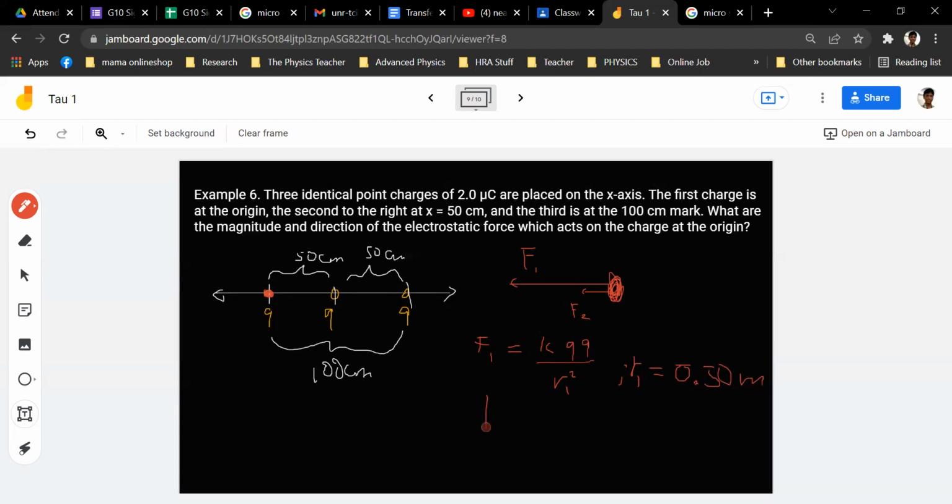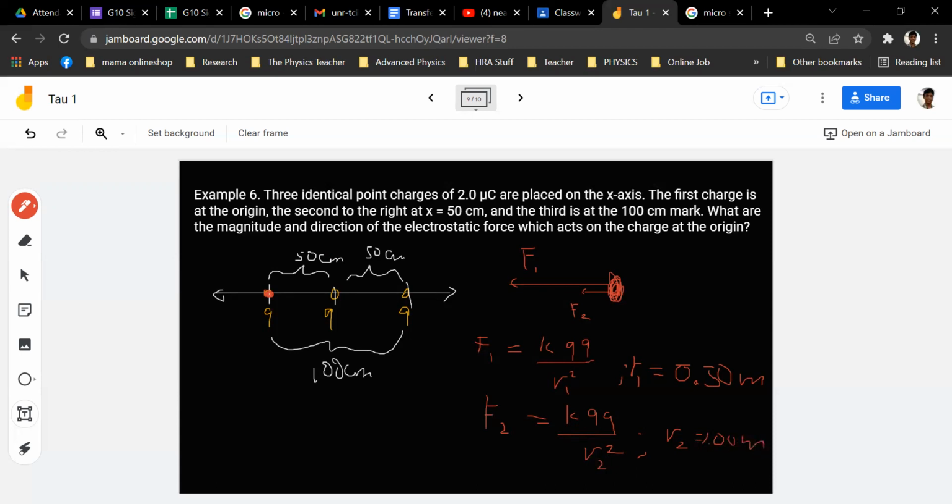And F2 is KQQ again, divided by R2 squared. And R2 is the distance between the first charge and the third charge. And that is 100 centimeters or 1 meter.